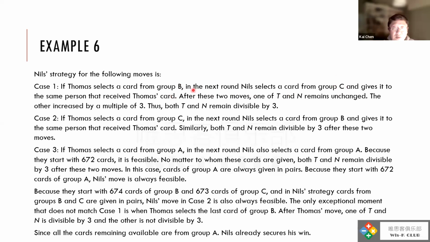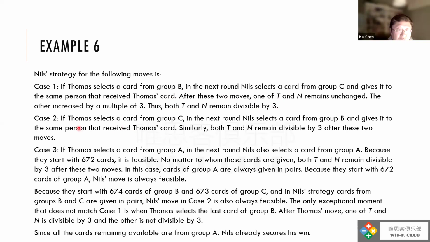So the difference of T and N remains a multiple of 3. That's the invariance: to keep it, the difference of T and N is divisible by 3.